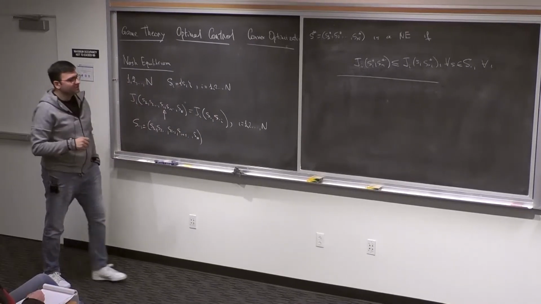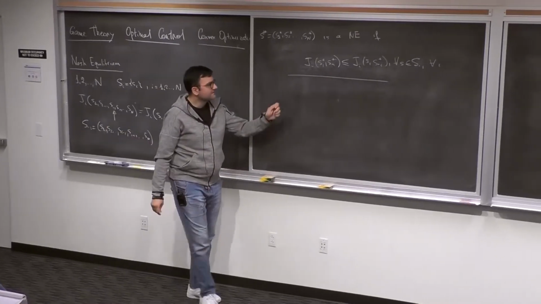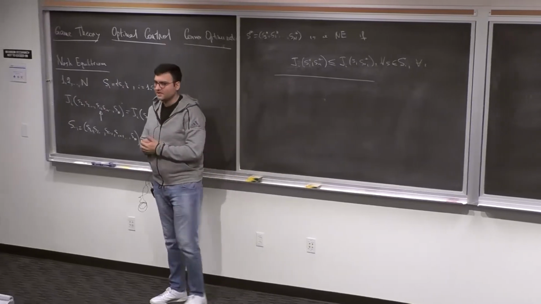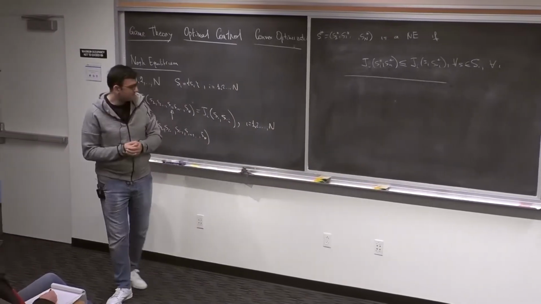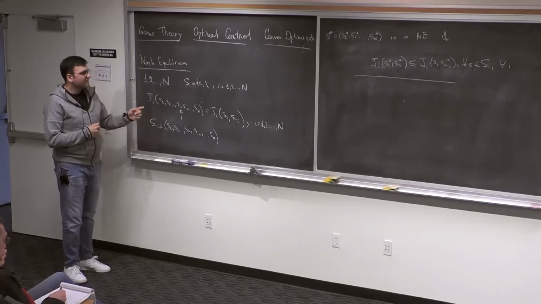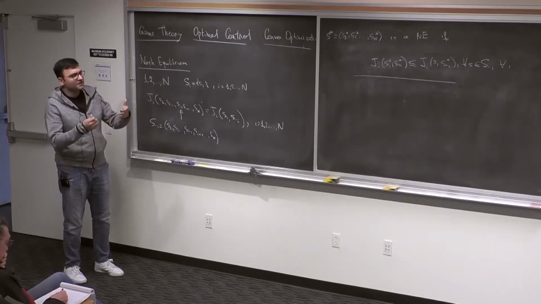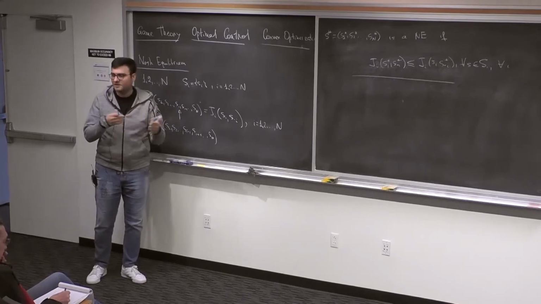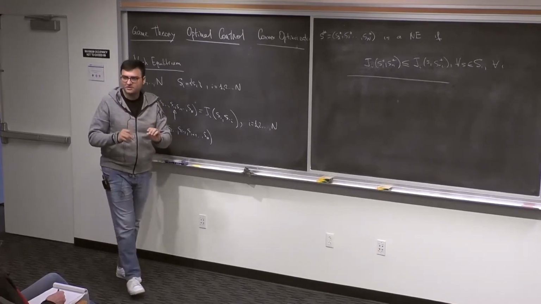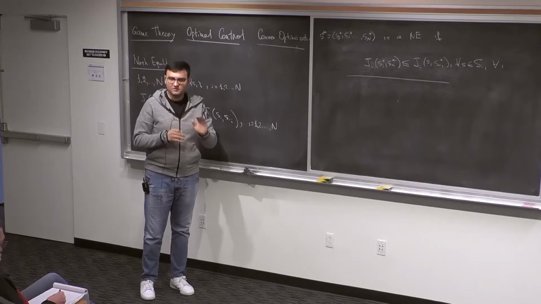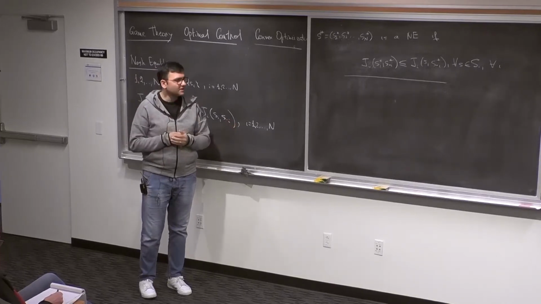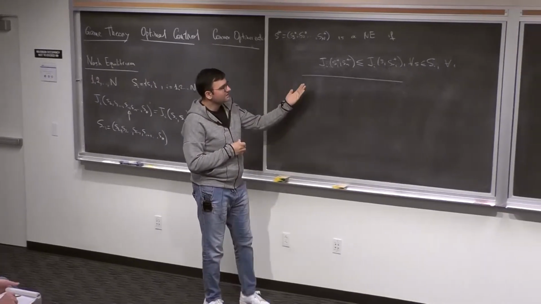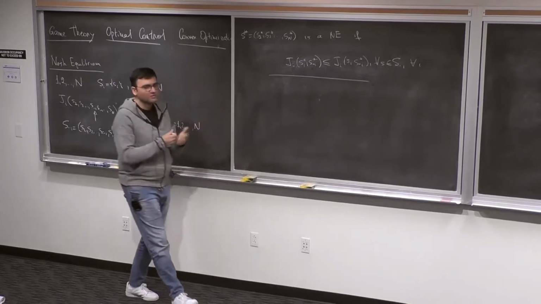According to this definition, this is a non-cooperative game. In which sense? Meaning that player i doesn't care about the actions or the objective function of the other players. It tries only to minimize its own cost given the actions of the other players. That's why this is a non-cooperative game.